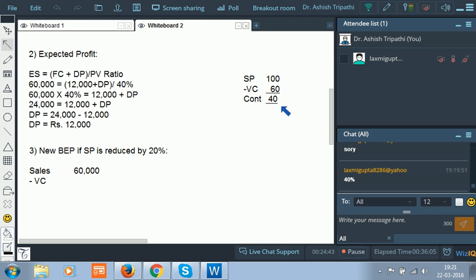can you calculate in this example what will be our PV ratio? We will have to apply the formula for PV ratio, which is contribution upon sales into 100. So contribution is 40. 40 divided by 100 into 100 will give you how much?